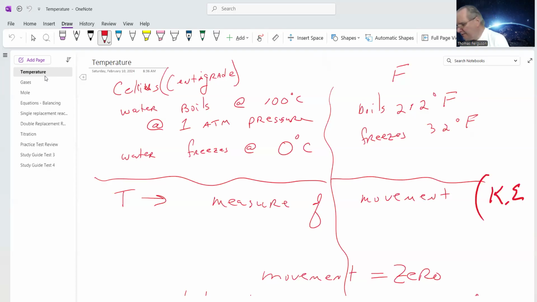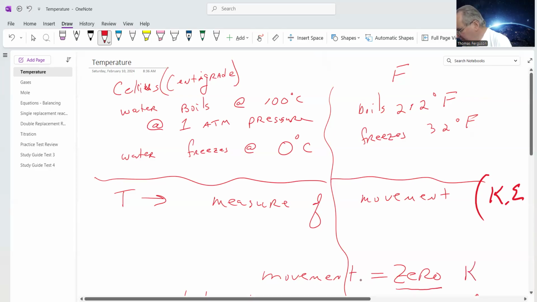Frequently in chemistry and physics, we're talking about different thermodynamic properties. And whenever we do, we always talk in terms of absolute temperature. The absolute temperature is relative to the kinetic energy. And when the kinetic energy is 0, that means the absolute temperature is 0.